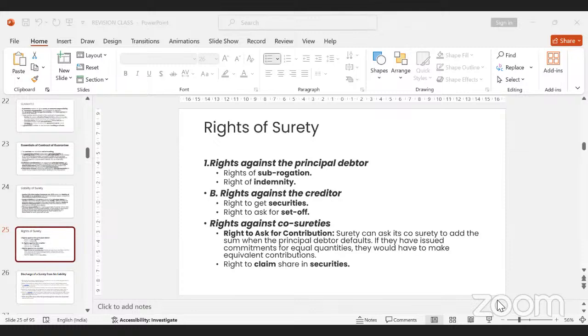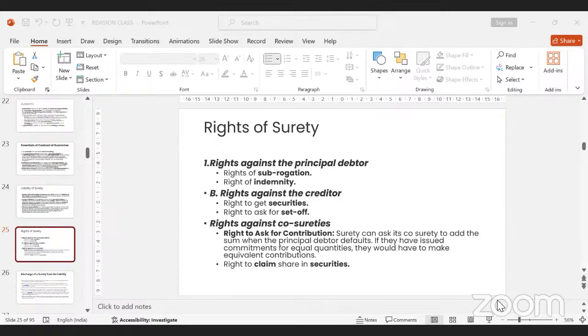And another right that a surety has is the right to ask for a set off. That means, take for example, I have borrowed 1 lakh rupees from SBI, but I'm not repaying. Now, my friend has been asked to repay the money. Say I have a fixed deposit of 50,000 rupees in SBI.